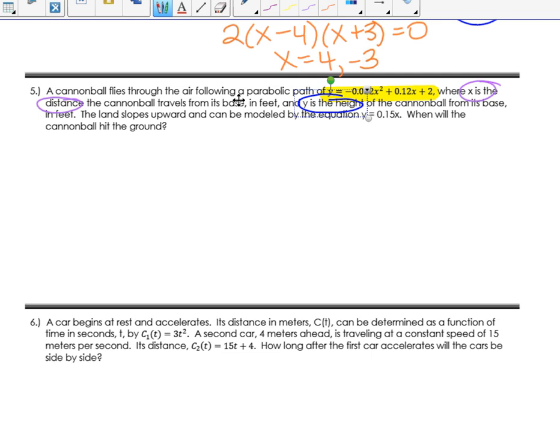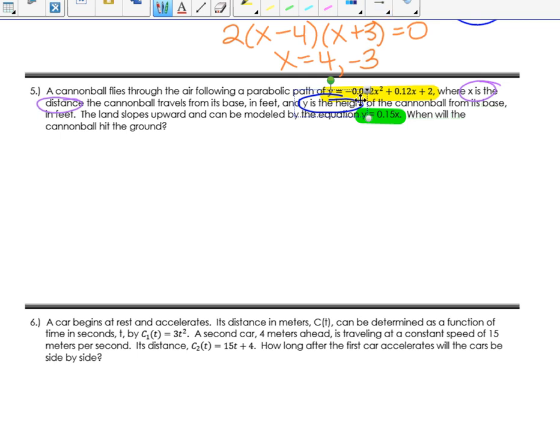Okay. The land slopes upward, so it's kind of like you're firing it into a hill, and can be modeled by the equation. So we have our second equation here, and it's linear. Y equals 0.15x. When will the cannonball hit the ground? Okay, so we want to know when the cannonball is going to meet the land, so we set them equal.